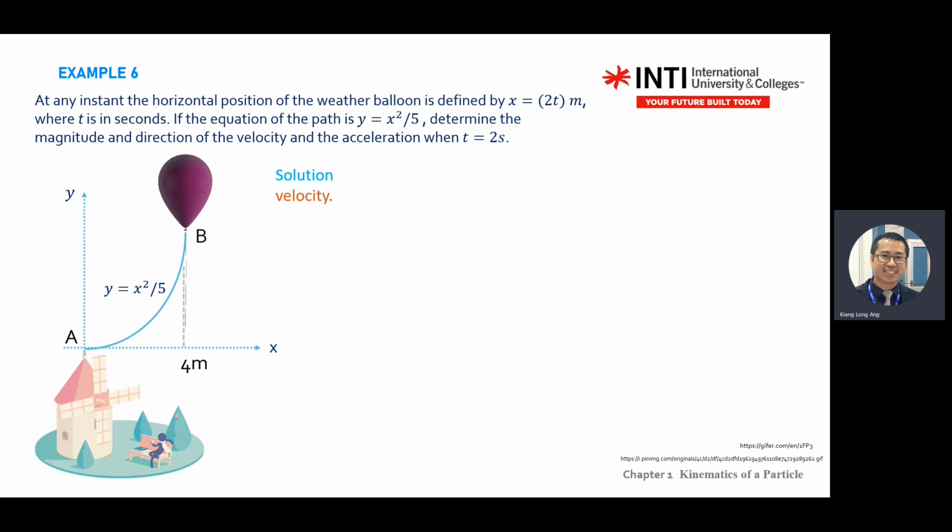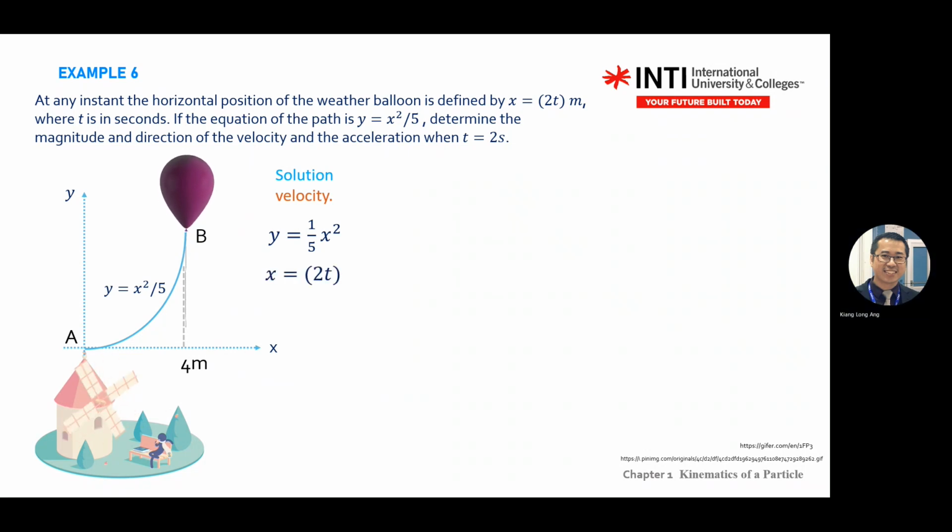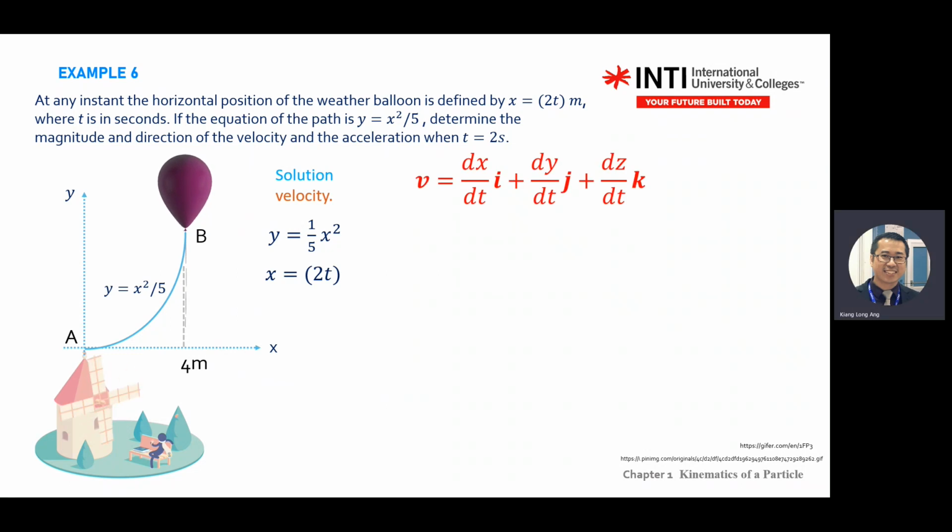You pull the definition of velocity and acceleration into this solution. You have y, you have x. So you know that velocity, previously you can do in 3 axes, which is i, j, and k.